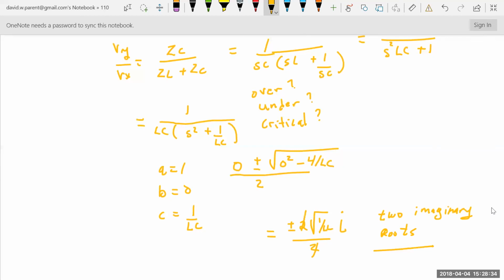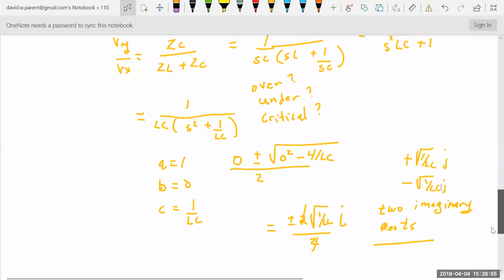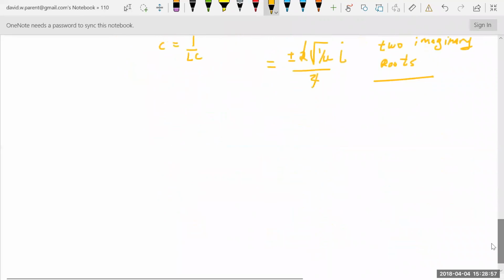Critical, it's real and it's the same. This is complex and they're different, right? Because one is plus 1 over square root LC j and the other one is minus 1 over square root LC j. All right. There's our imaginary. Here's our real.